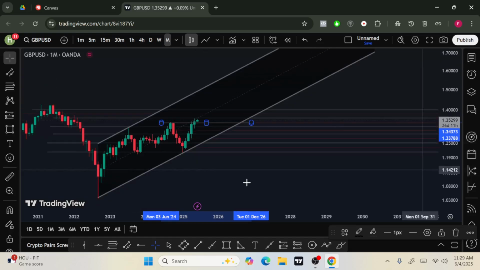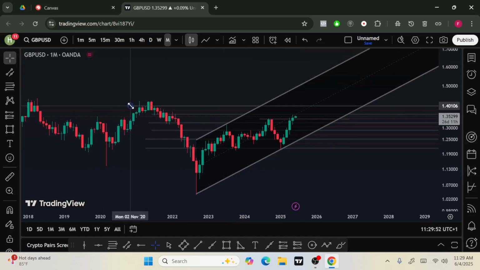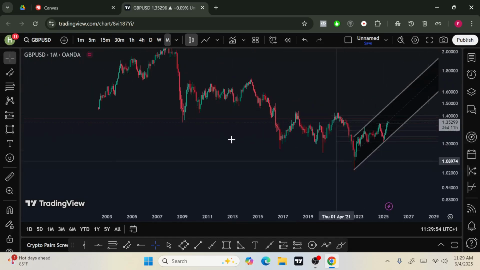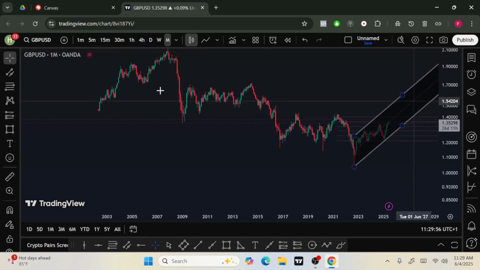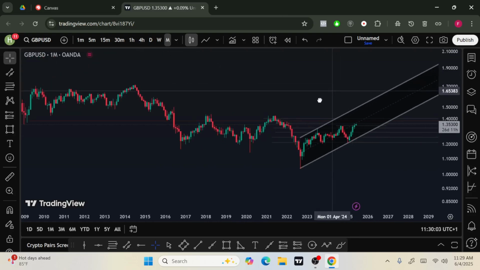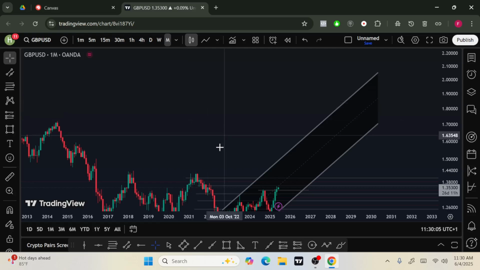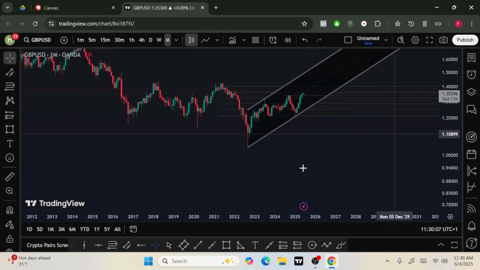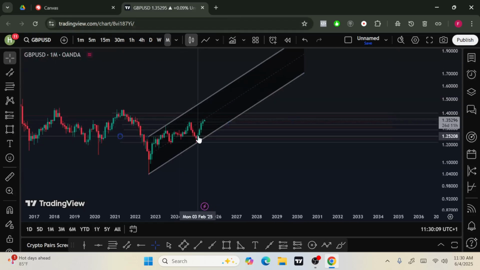From this, I've been able to see that my overall sentiment is that this market was moving on a downtrend, number one. But it has broken out from this downtrend to give us another emerging trend, which is this uptrend. From this uptrend, I now see a bullish engulfing bar at my support and my major zone.